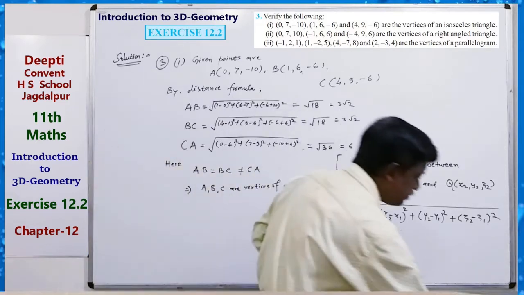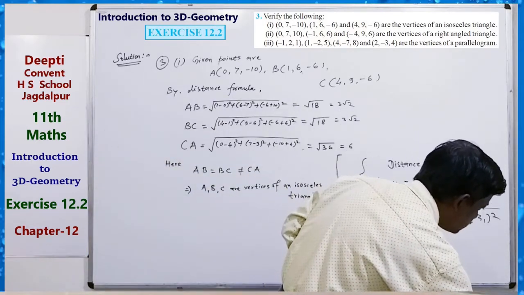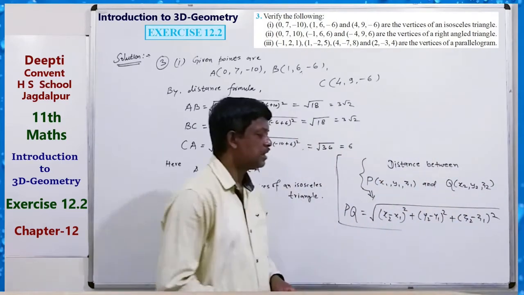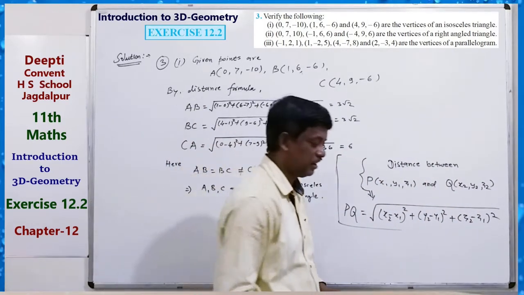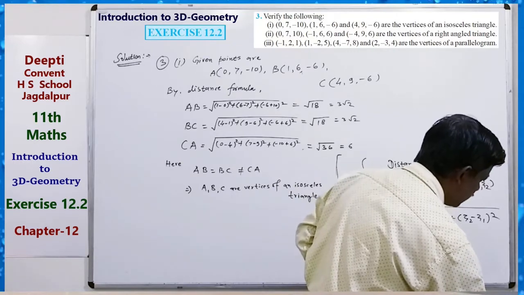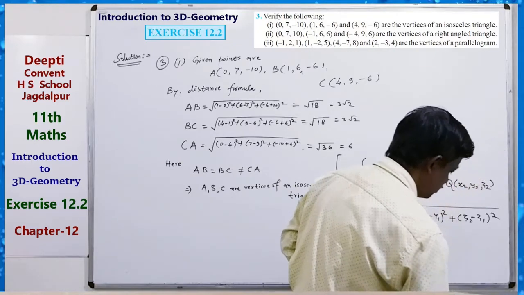The second question is a right angle triangle. Here we know what points are given.